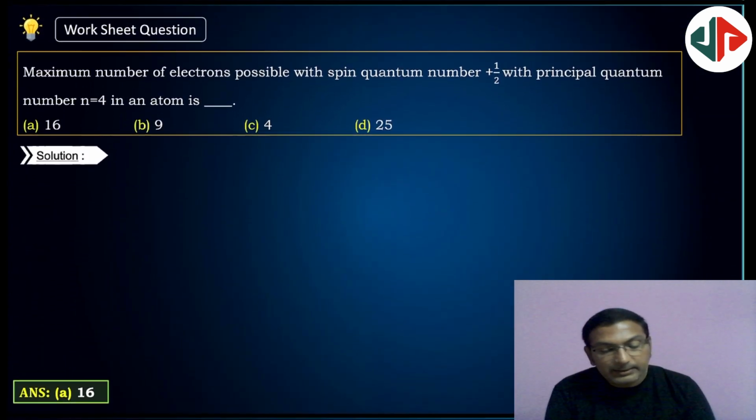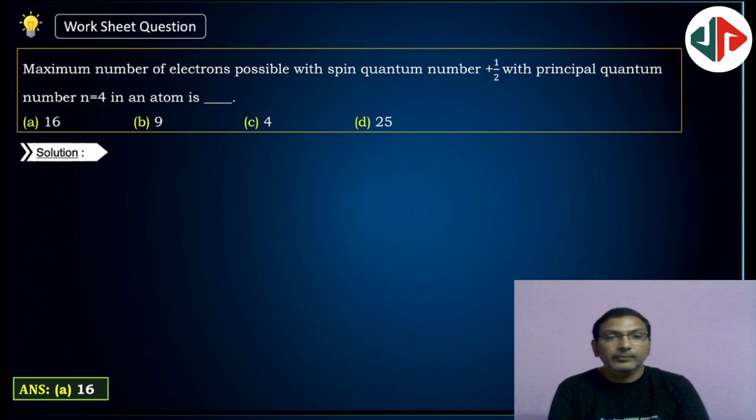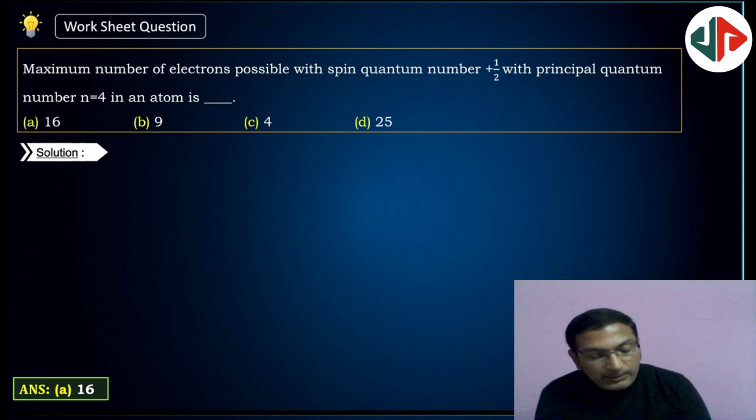Maximum number of electrons possible with spin quantum number plus half with principal quantum number 4. Principal quantum number 4 means fourth orbit is given.